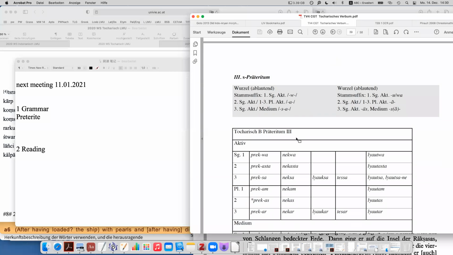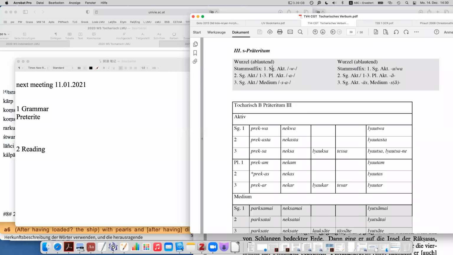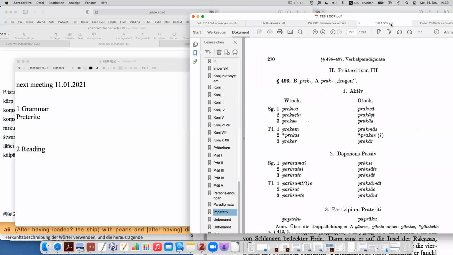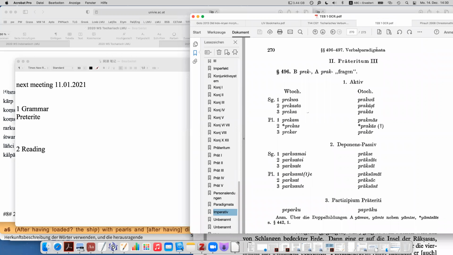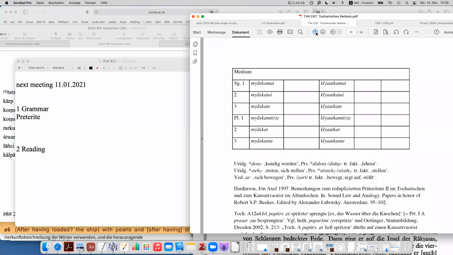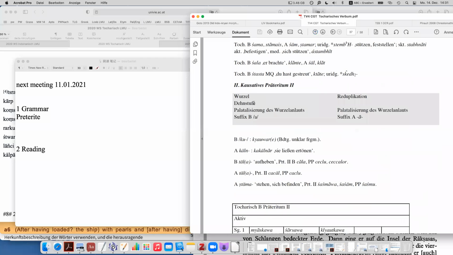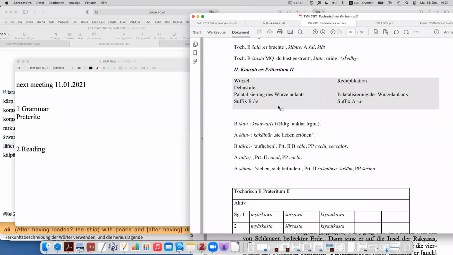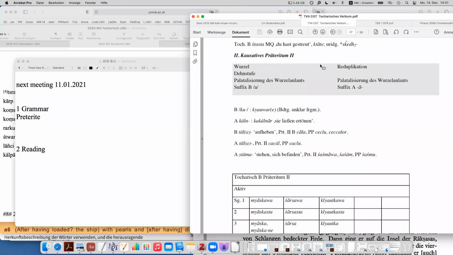So the next class is actually the second preterite, which is reduplicated. You can find it. The second preterite is with reduplication.